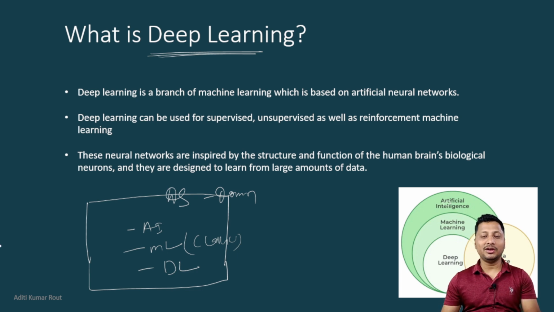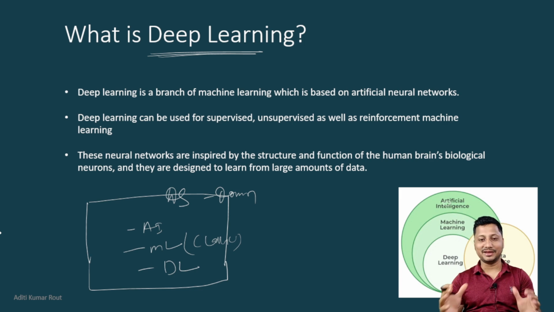So for data science, deep learning, machine learning, and artificial intelligence are the techniques or tools for implementation to solve real world problems. This is the relationship between data science and artificial intelligence, machine learning and deep learning.